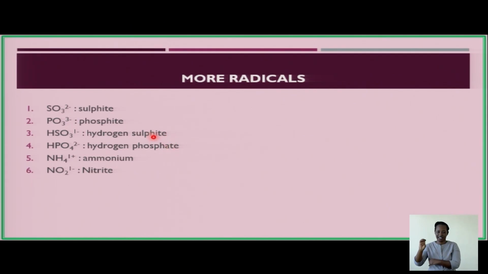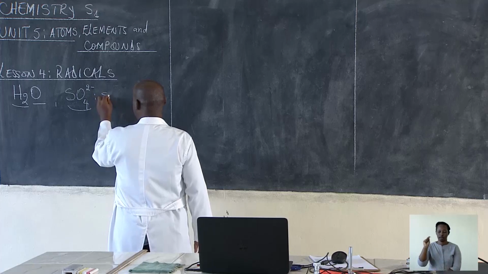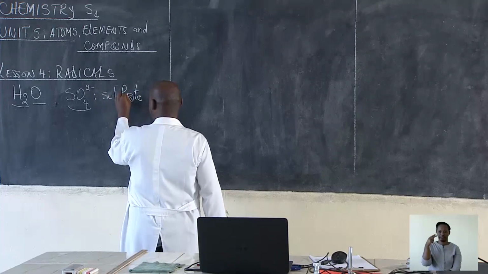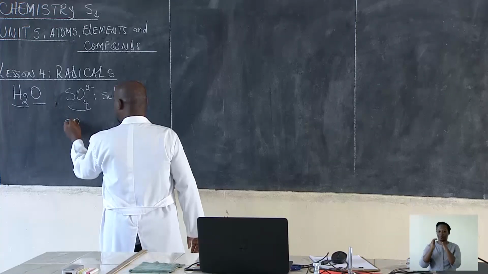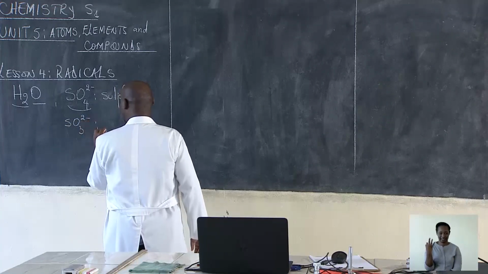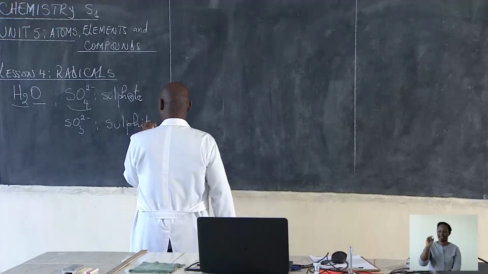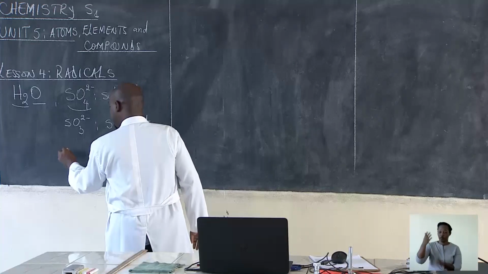So the difference is on I and on A. So if I have SO4 2 negative, here we have 4 oxygen atoms, then because of the sulfur, it will be sulfate. Sulfate, you see the A, and when it will be 3, what do we get? We get sulfite.